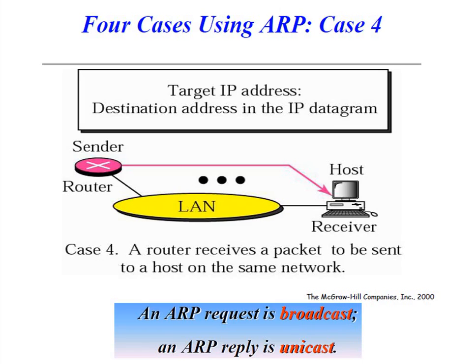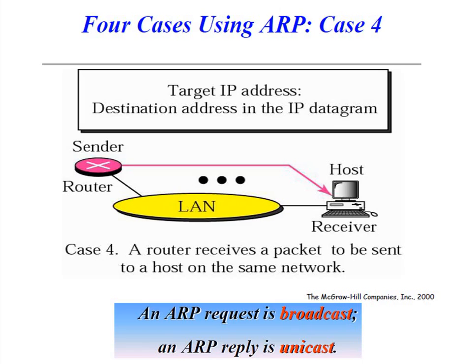Here again the request will be sent and the destination's address will be recovered. This is how your whole communication will take place. So this is how exactly you can easily classify the 4 cases in ARP.